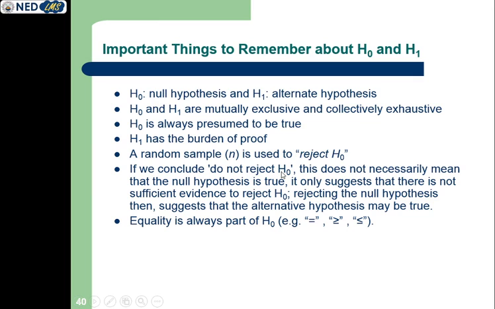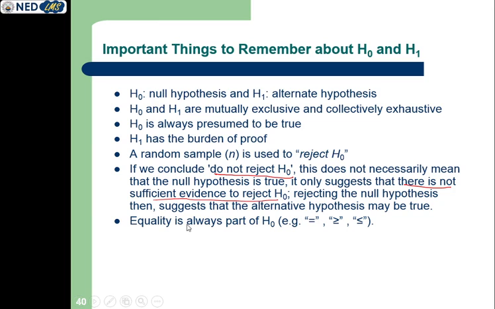I already marked this one: do not reject H naught is a very important phrase. There is no sufficient evidence to reject H naught. All these are important points regarding the null and alternative hypotheses.